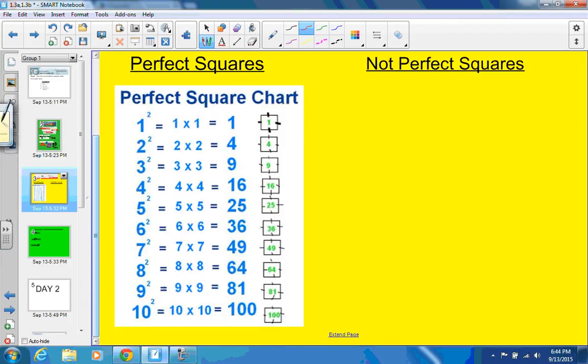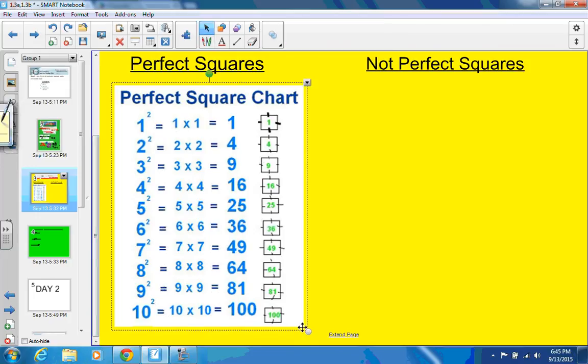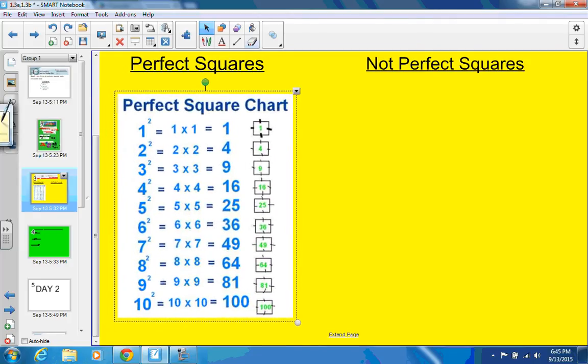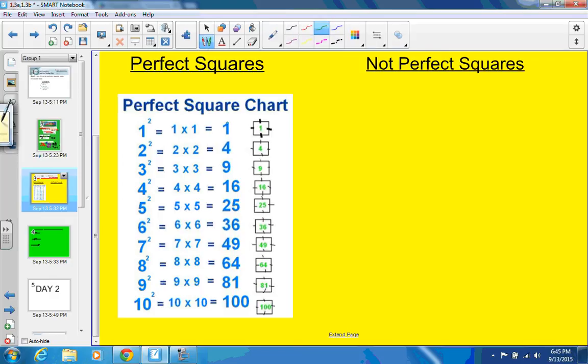But kind of to put this into terms, this is going backwards. If you go backwards, actually we'll do this here. The square root of 1 equals 1.